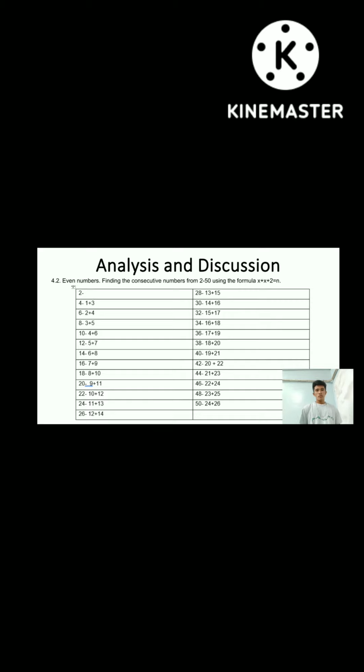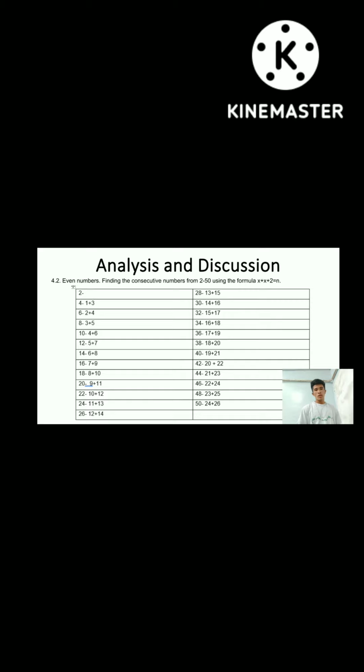As you can see, 2, 4, 6, 8, 10 up to 50. Only number 2 cannot be expressed by consecutive numbers.